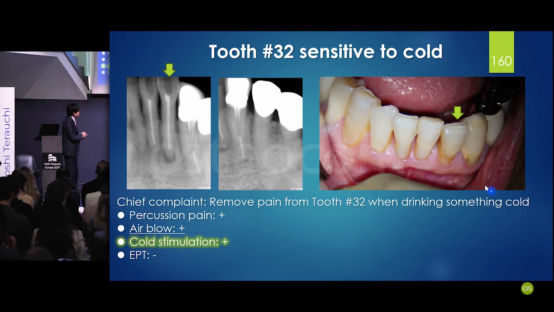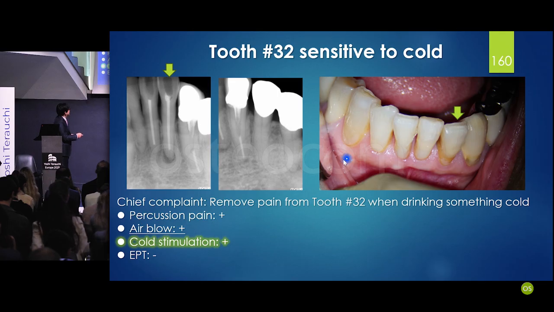When he drank something cold, he had pain from this tooth. When I did a percussion test on this tooth, he jumped out of the chair. When I blew air against this tooth, he jumped out of the chair. And when I did an electric pulse test, there was no response from this tooth.